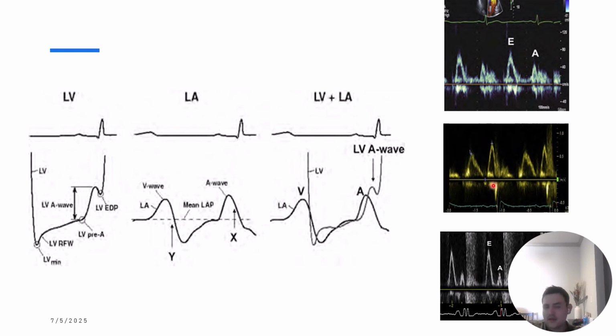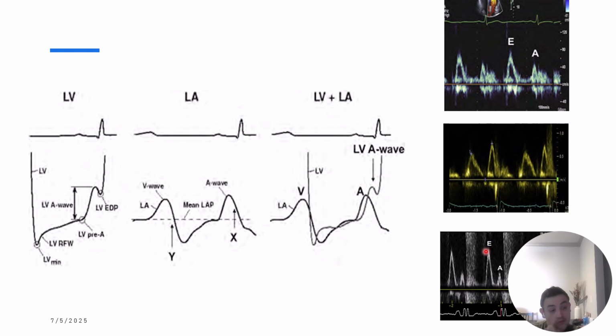But then, irrespective of your LV being stiff, imagine your LA is becoming bigger and bigger and bigger because you cannot push more blood there. Then it doesn't matter. Your E is going to be high because all the blood accumulating in the left atrium is going to go suddenly to the LV, and it's going to generate a bigger E, but the deceleration time is going to be less than 140.